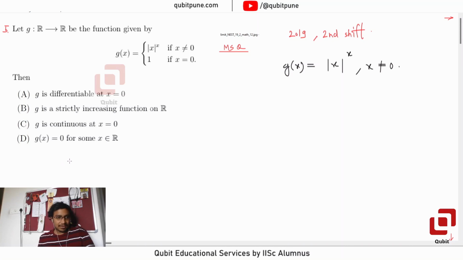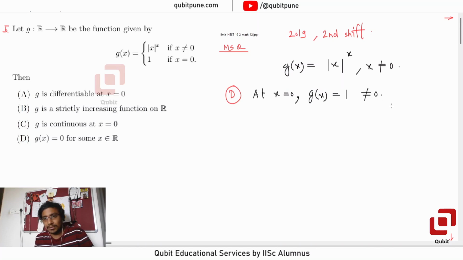Let's think of D now. Suppose we are investigating whether D is right or wrong. It says g of x equals 0 for some x in the set of real numbers. Now look here, at 0, g of x is 1, so definitely that is not equal to 0.